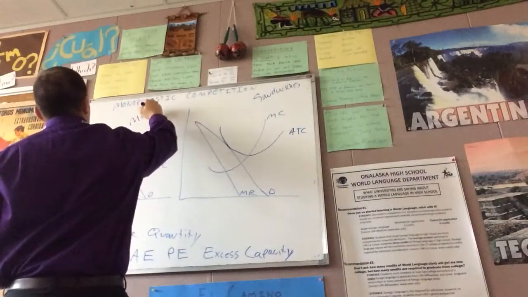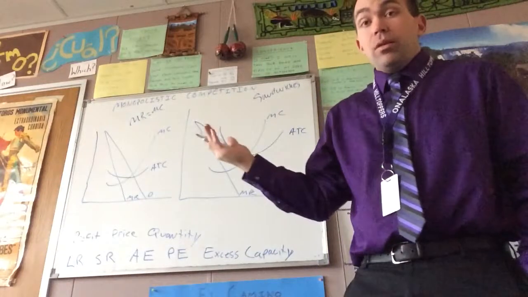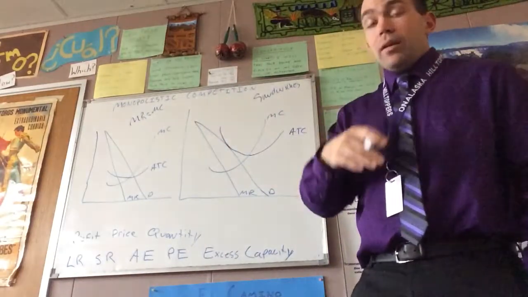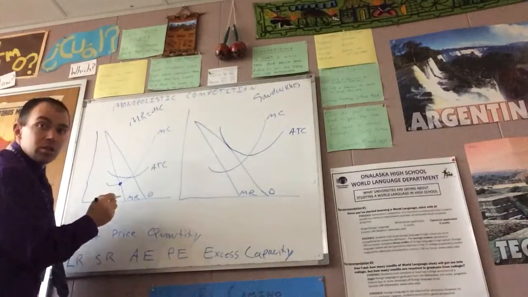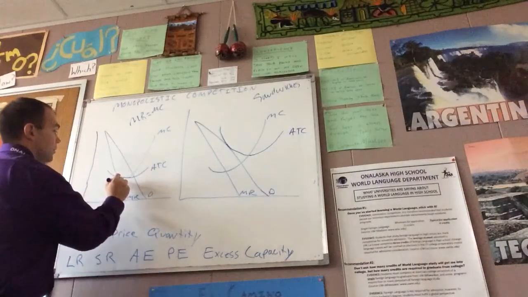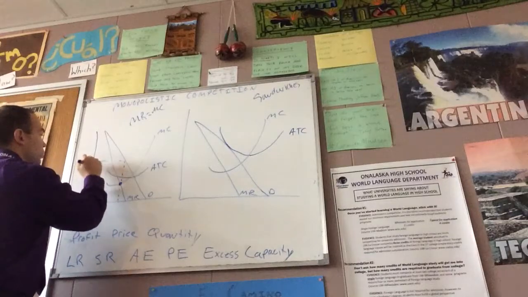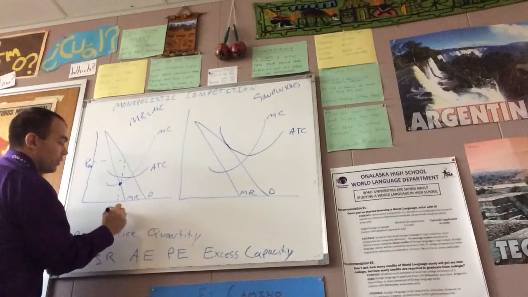This is our golden rule. So that's where we're going to produce, right here. Do you charge this price? No, of course not, it's a monopoly. Get up to the demand curve and go over. So that's the profit max price and the profit max quantity.